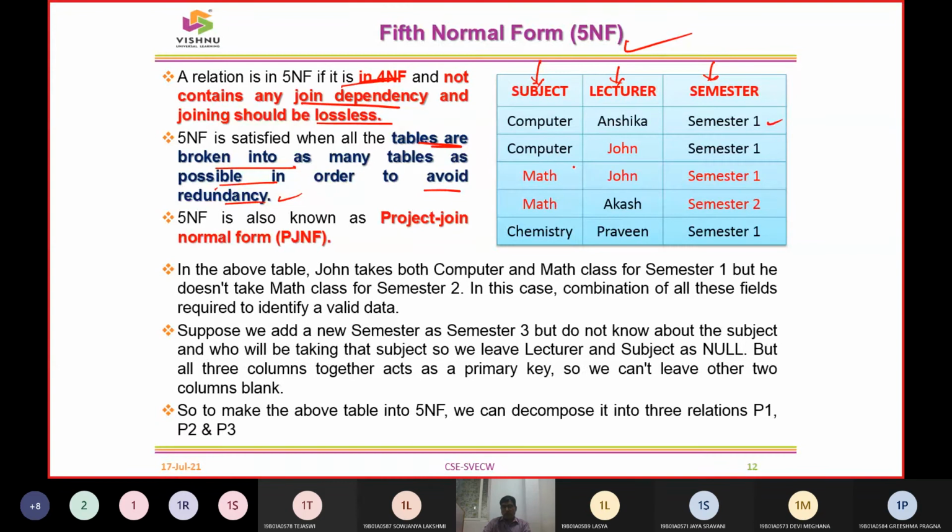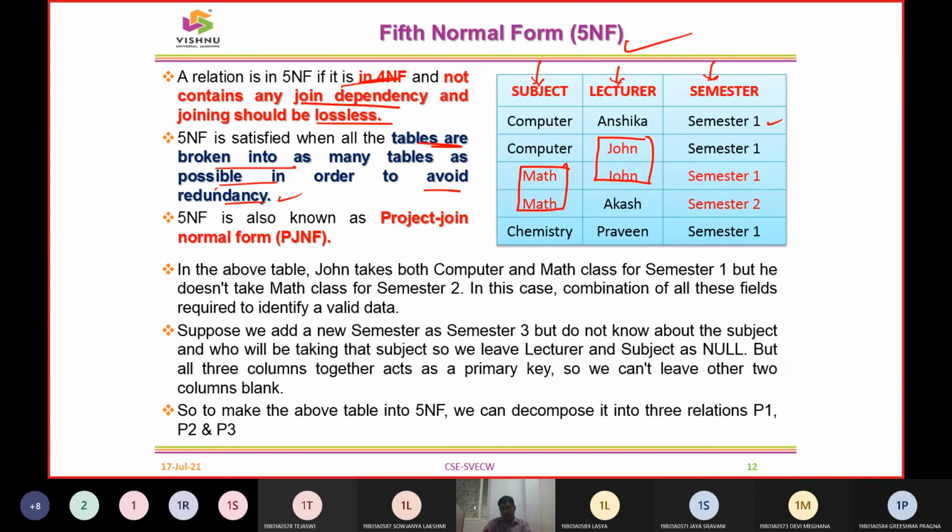Similarly, you can see the other items. The subject name is repeated here. The lecturer name is repeated here. So we observe there is some repetition happening inside the table.